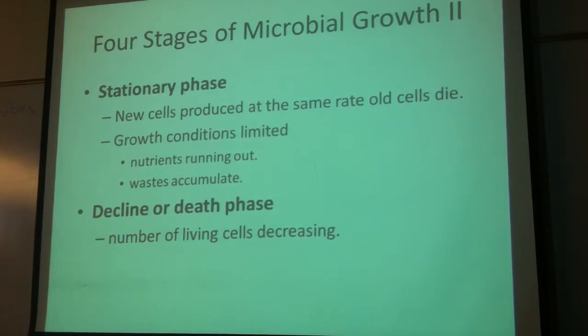So different cell types have different cell numbers before they decide that that's it. Nutrients are running out. Also, waste starts to really accumulate. So it's one of those issues. You don't have food, you have too much garbage, not really a good place to grow. And then death phase, you aren't dividing anymore, you're only dying.